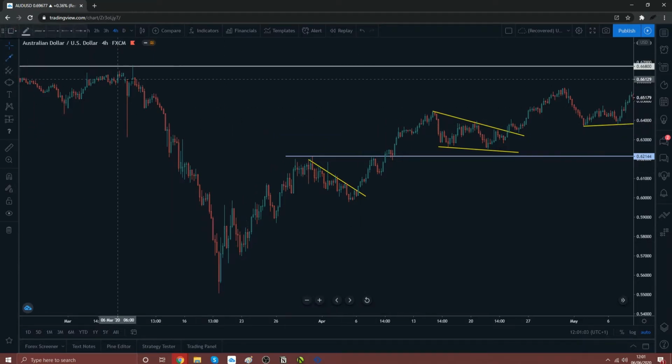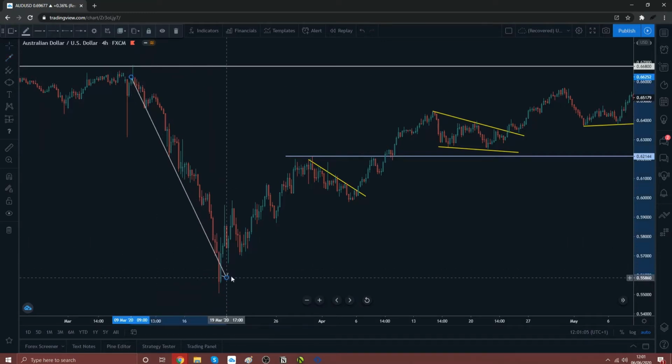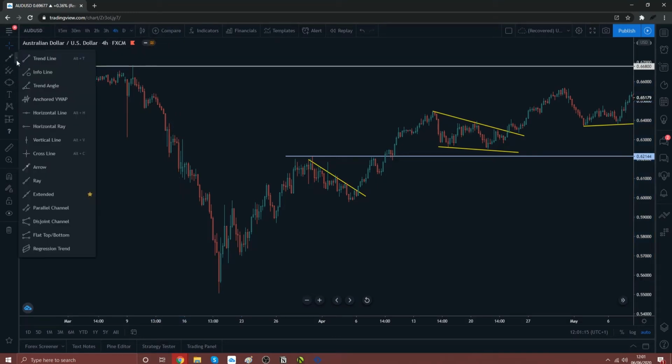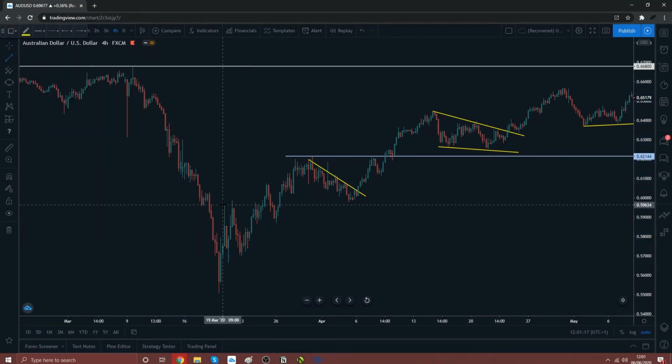So as you can see, there was a massive sell-off on Aussie dollar, US dollar, and then you can see that it put in a new structure high here, and then it all changed.